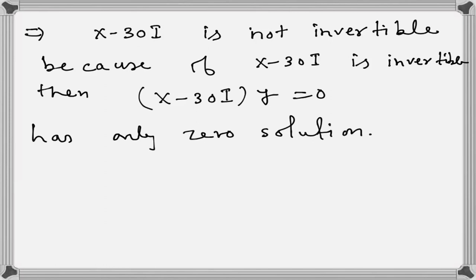But in this case we have a non-zero solution, which is (1,1,1). Okay, so this is the reason that X − 30I is not an invertible matrix.